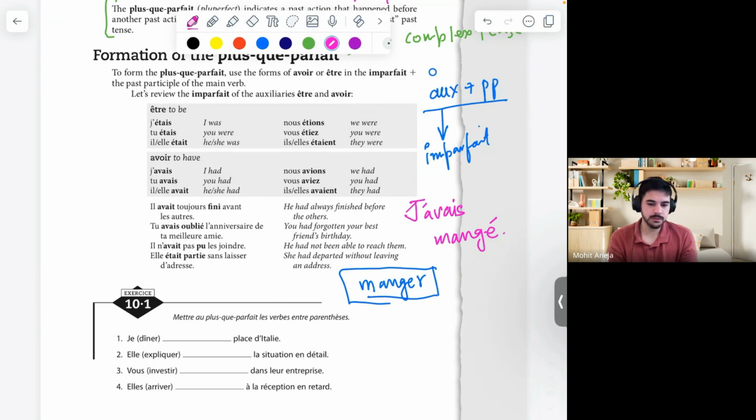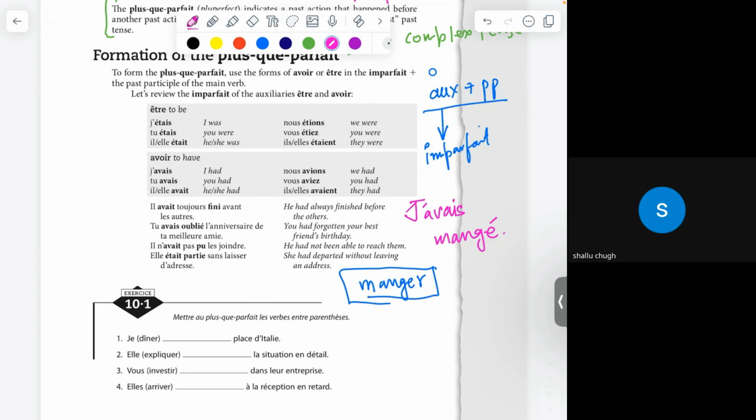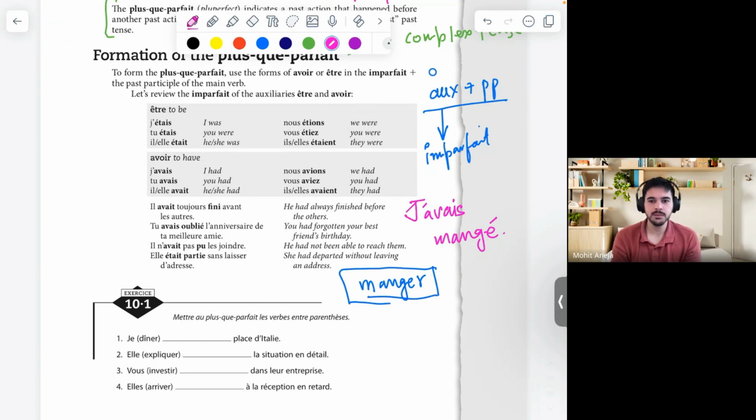What are the factors, I mean, what are the things that we add to the past participle if the conjugation is with être? I guess it only depends on the gender and number of the subject. Yes, the number is what Aishwarya was missing.